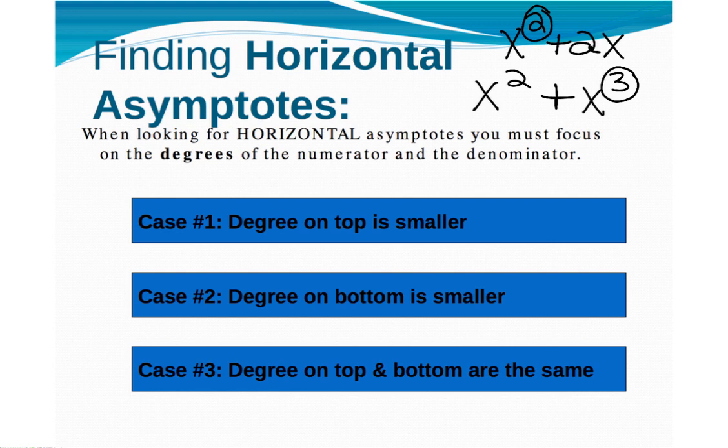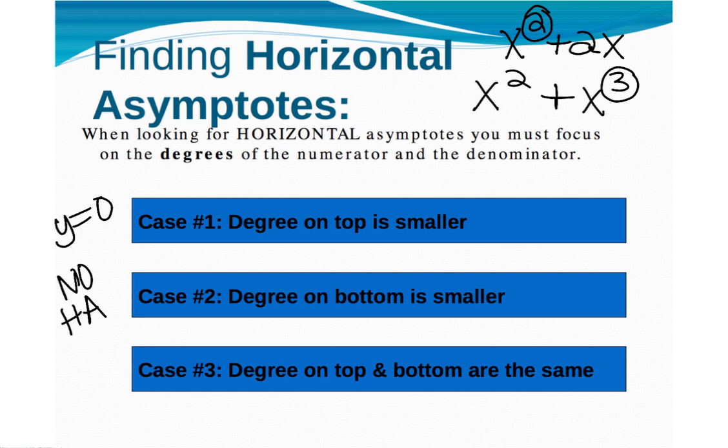So case 1, if the degree on top is smaller, then we have a horizontal asymptote at y equals 0. That's always going to be true. Case number 2, if the degree on the bottom is smaller, then we're going to have no horizontal asymptote.